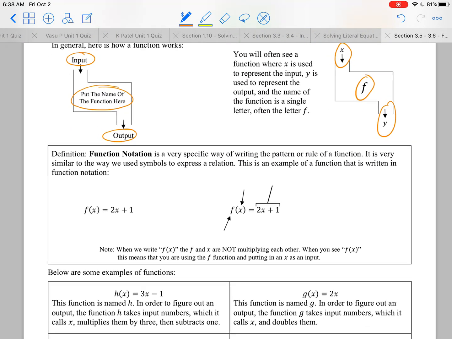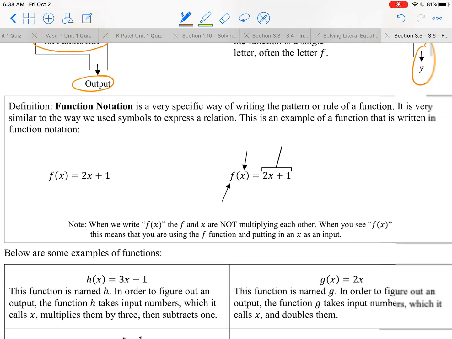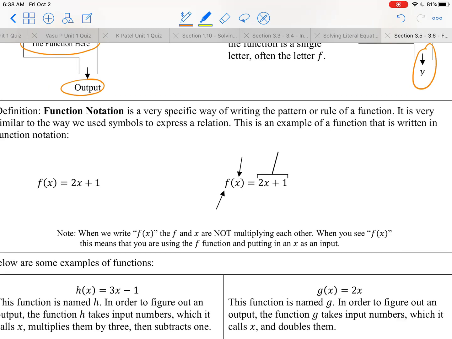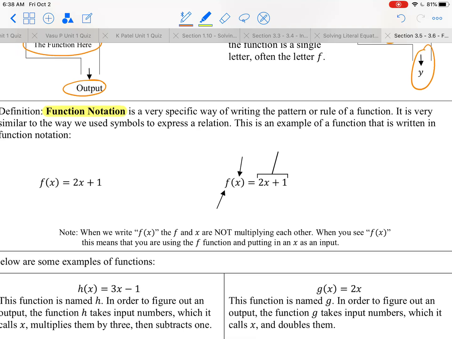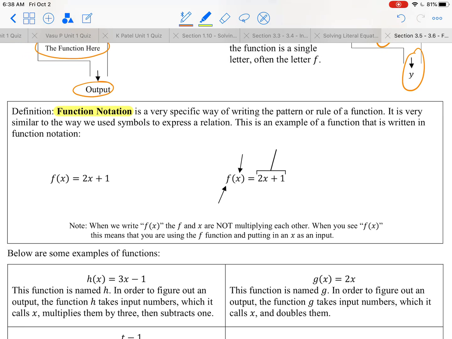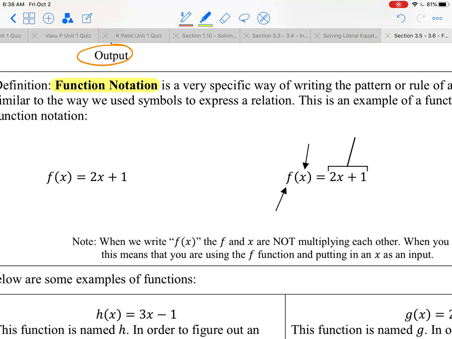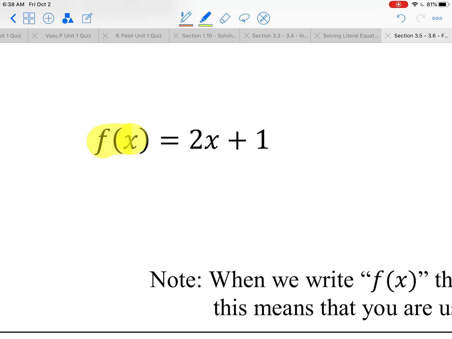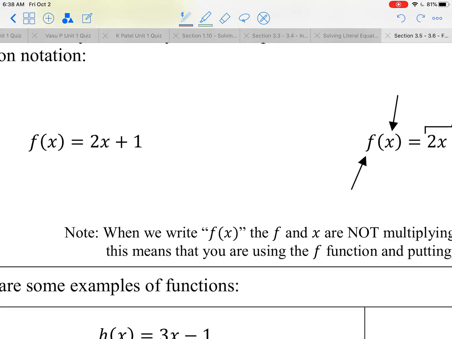Okay? And then we've got to talk about something very important here called function notation. Function notation is a very specific way of writing the pattern or rule of a function. And it's very similar to the way we used symbols to express the relation yesterday. So here's an example of something written in function notation. This right here is called function notation, and I want to point out some important aspects of it.